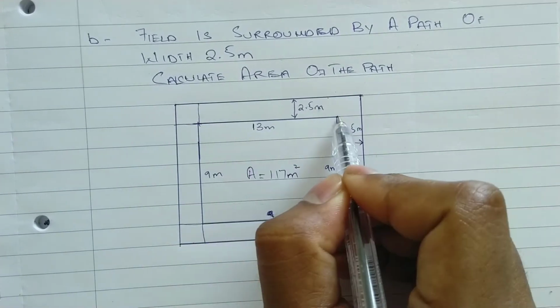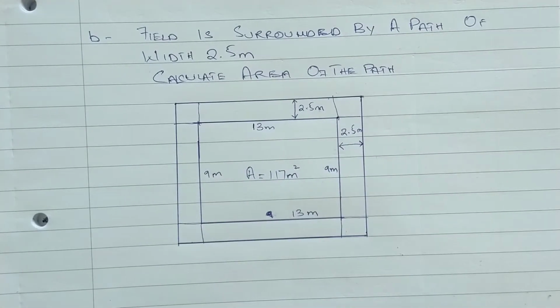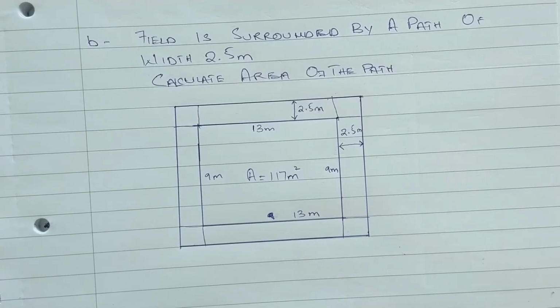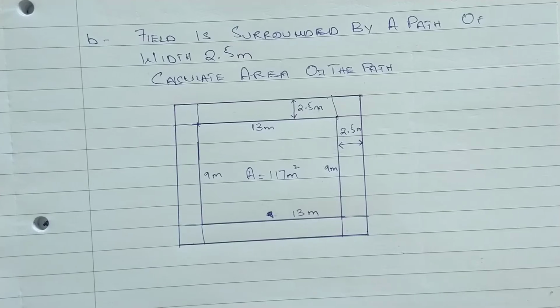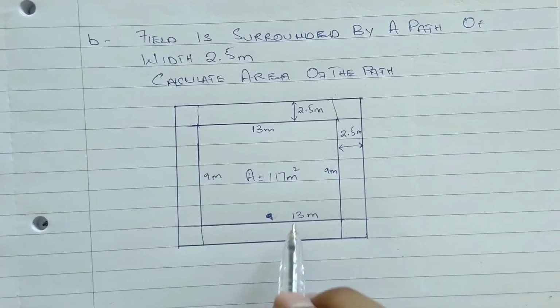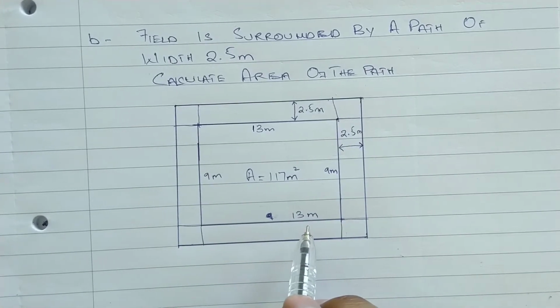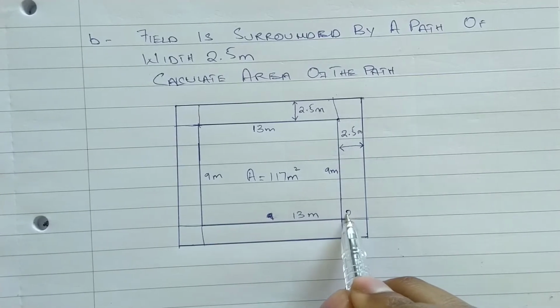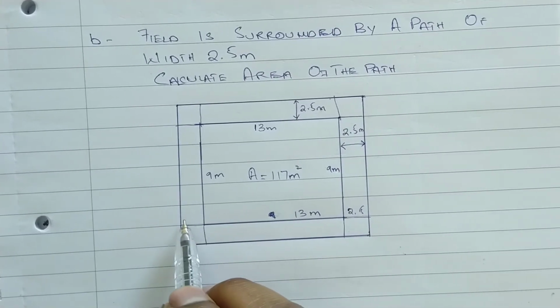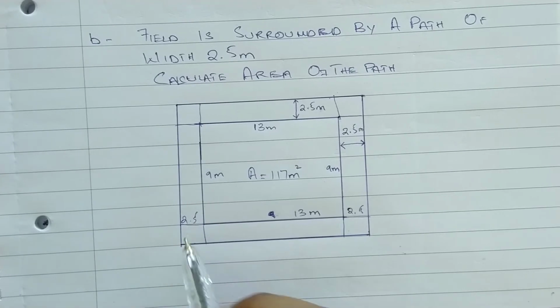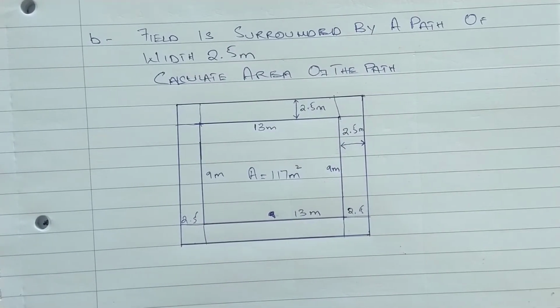To calculate areas and perimeters of complex figures, we need to break them down into smaller, manageable figures that we understand easily. So looking at this diagram, we have 13 meters of inner length, we have 2.5 meter here, and 2.5 meter extra over here, that is width of the path.